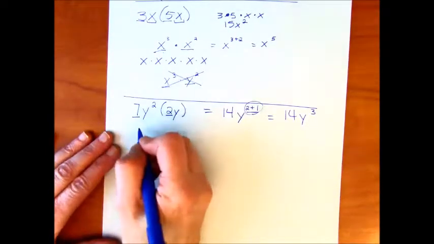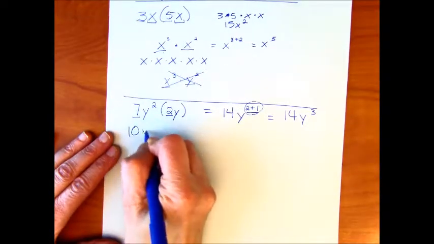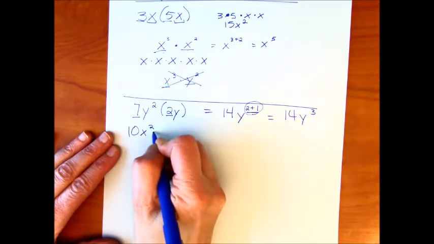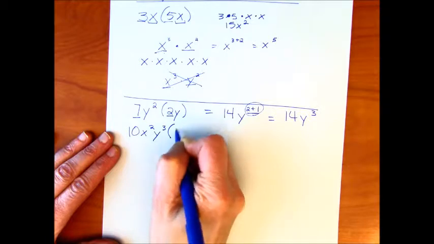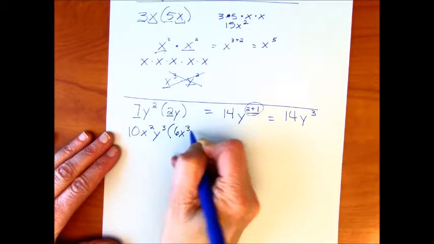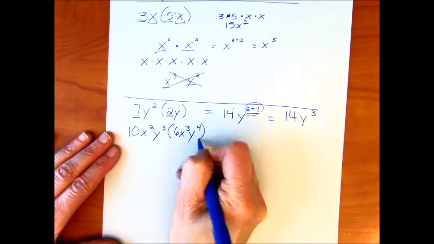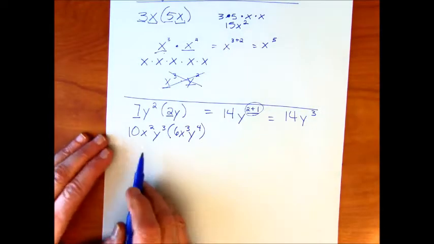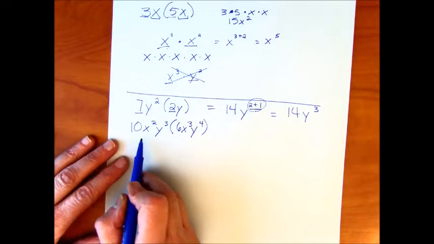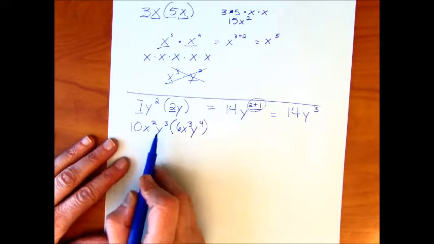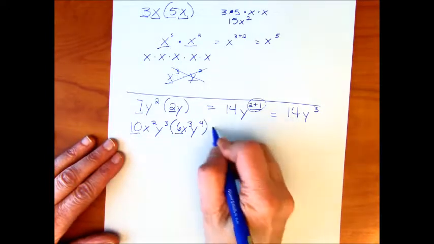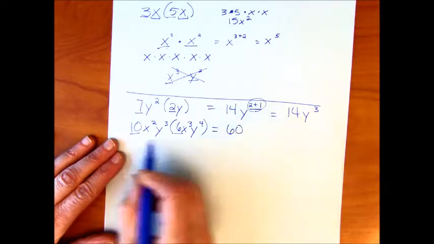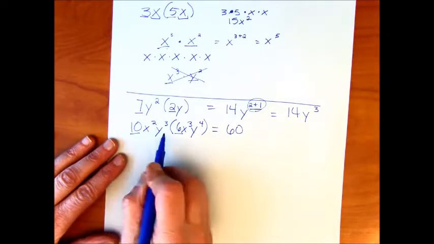Here's another one. 10x squared y cubed times 6x cubed y to the fourth power. So both of these terms have two variables with different exponents, and again we're going to multiply the coefficients first, and then deal with the x, and then deal with the y.